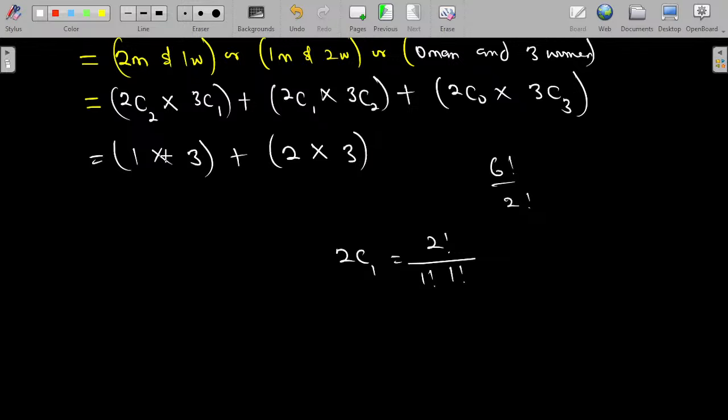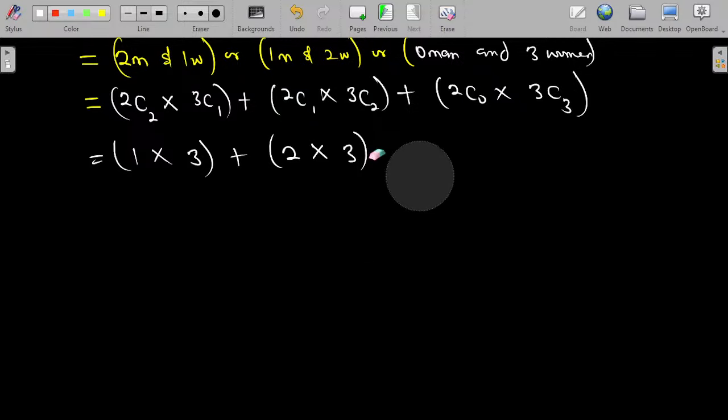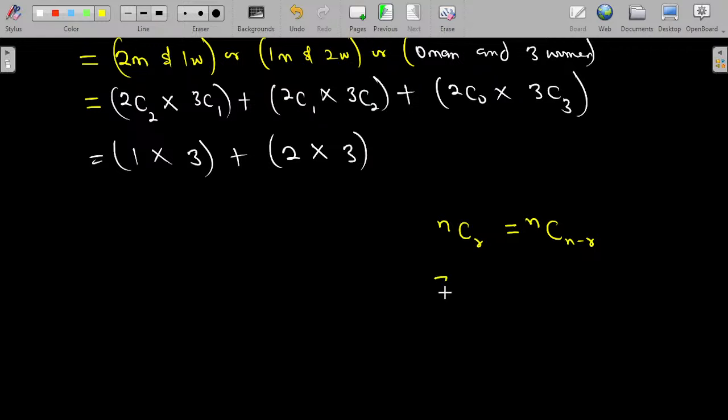How did I get that? There is what we call complementary combination. Okay, so that concept says that if I have n combination r, it is equal to n combination n minus r. I'll use an example. What it's saying is that if I have 7 combination 2, that is the same thing as 7 combination 7 minus 2, which is 5.